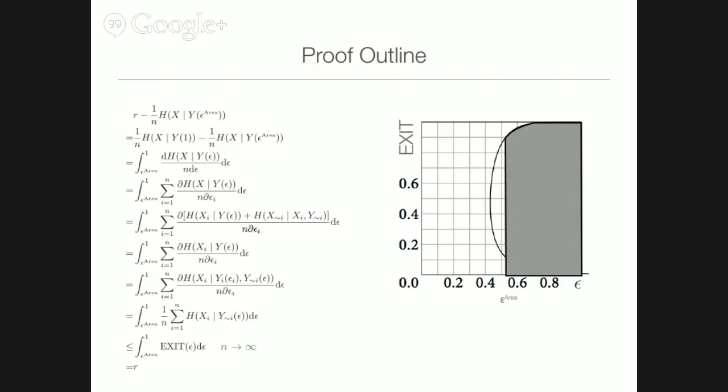Now remember, this should look very familiar, because this is exactly what we did in iterative decoding. In iterative decoding, we looked at the estimate of the iterative decoder of the bit xi, knowing all the observations except the observation itself. Okay, so that's exactly what we call the exit function. But now we simply use the fact that the exit function, this estimate, must be worse than the estimate here, right? But the integral of the exit function, that's exactly what we have here.